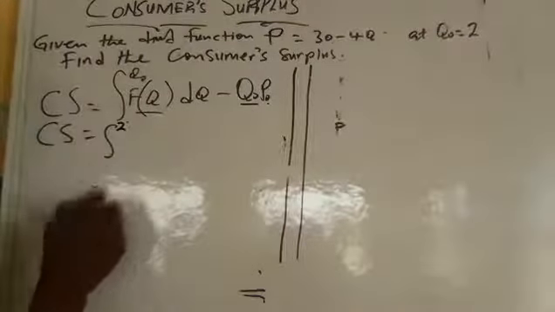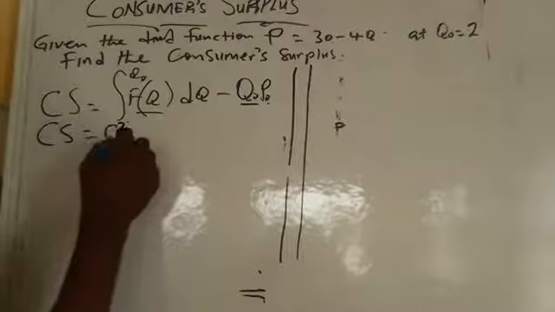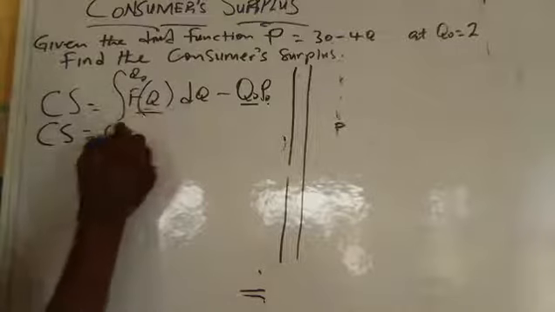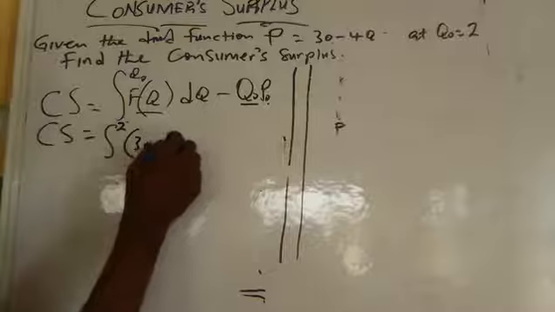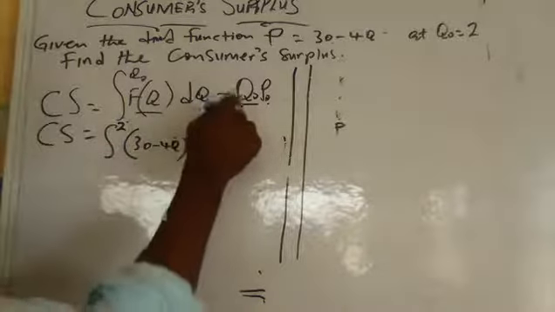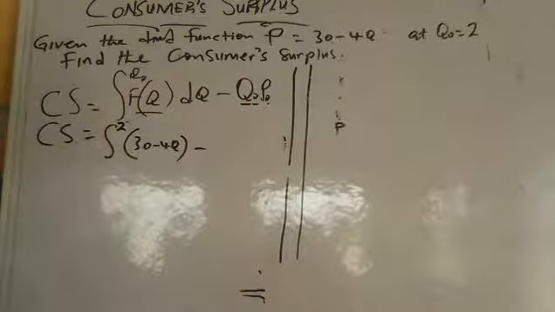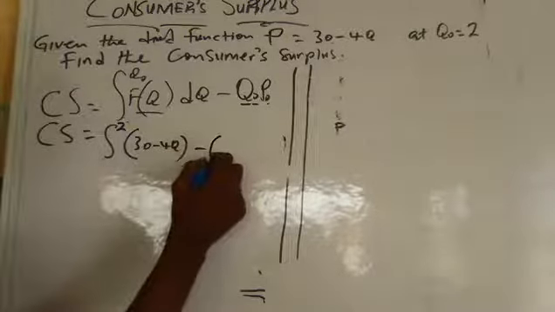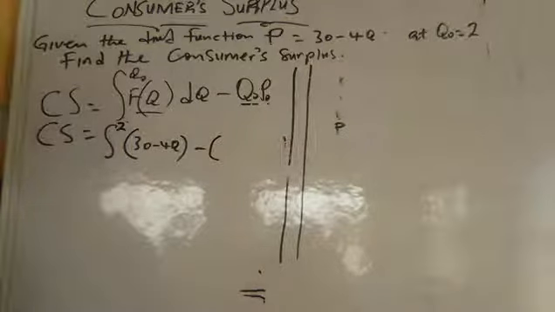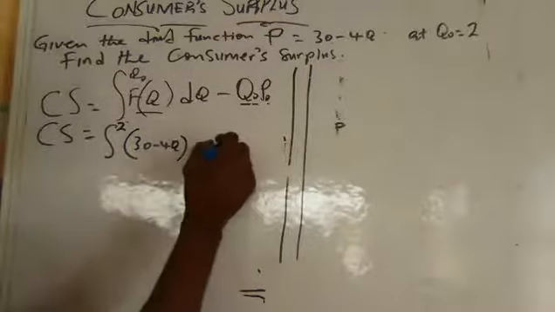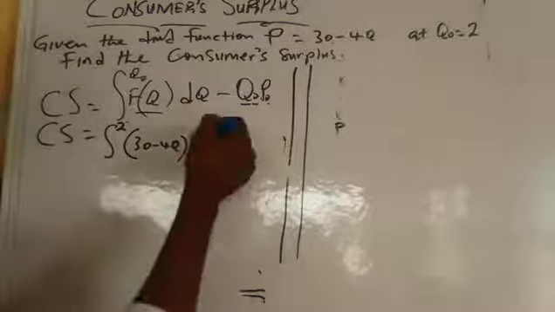Then we write the demand function here, 30 minus 4Q, then minus the equilibrium quantity, which is 2. You have to put brackets so that you don't make a mistake of sign.